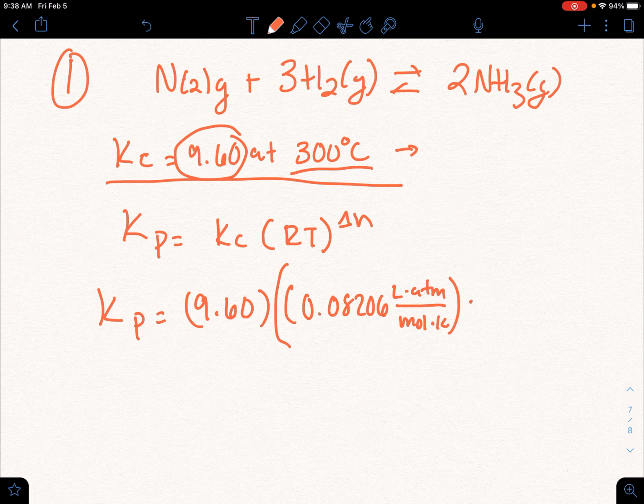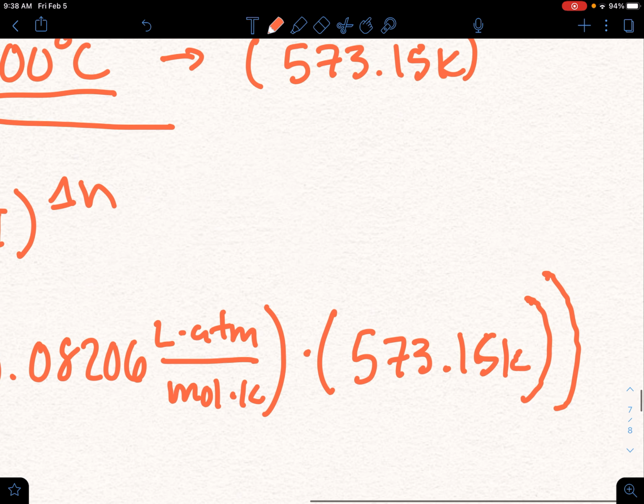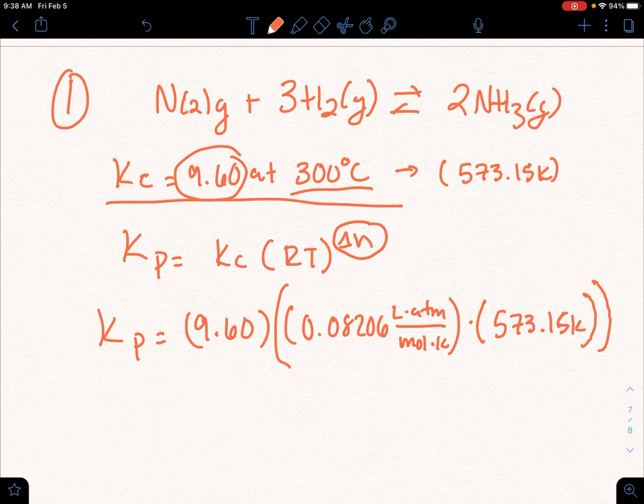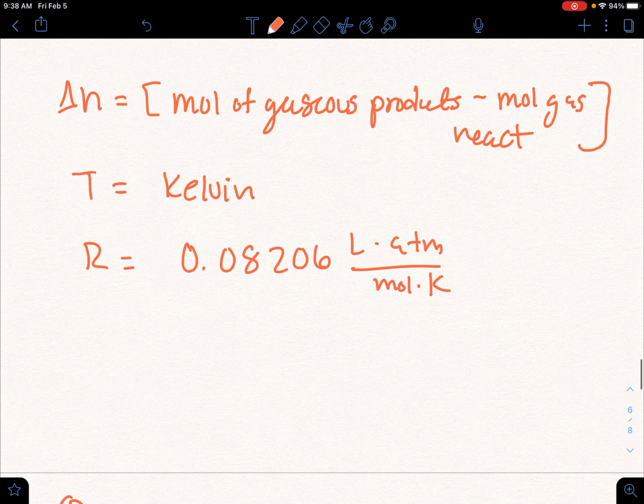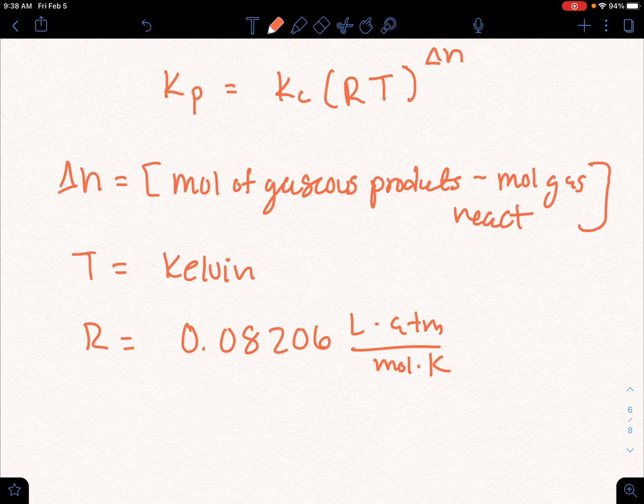When we convert it, it's going to be 573.15 K. So we'll write that in, 573.15 K. That's in Kelvin, extra parenthesis. And then we're raising all that to n. So what's n again? It's your moles of gaseous products minus your moles of gaseous reactants.